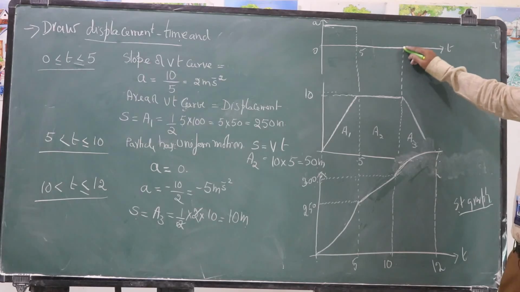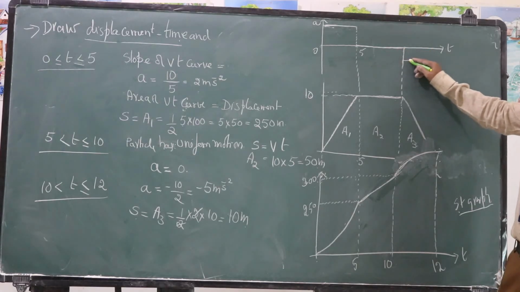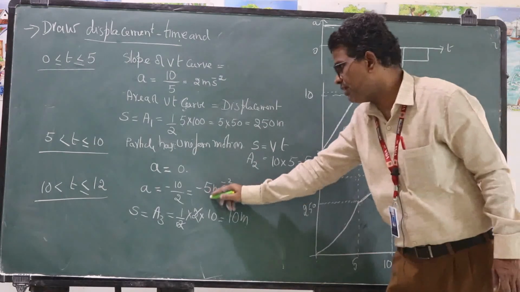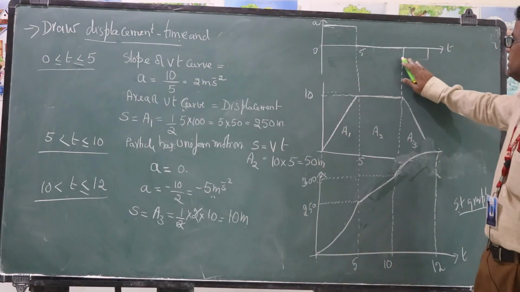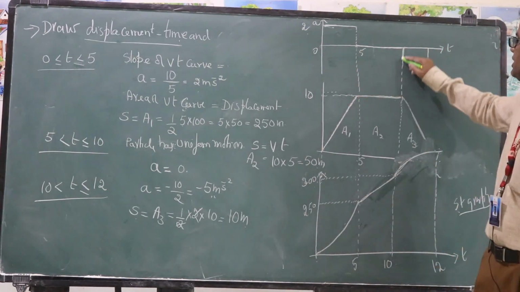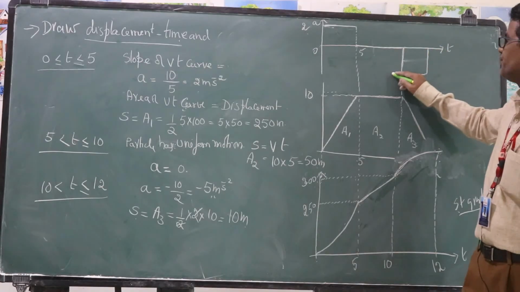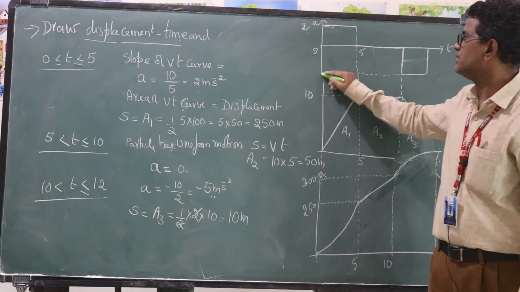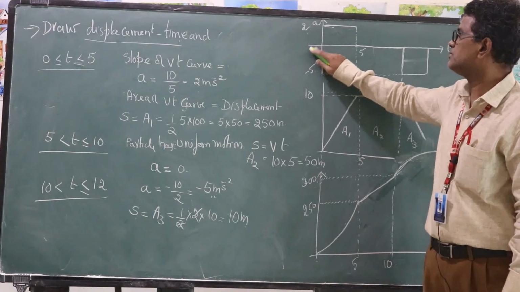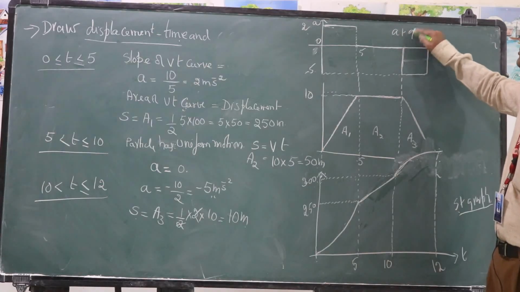Then from 10 to 12 seconds, it has negative acceleration. How much? 2. Sorry, 5. It has negative acceleration. This is magnitude 2. Here it is 5, so you should represent the larger value. So this is -5. This is the origin. So what is this graph? The a-t graph.